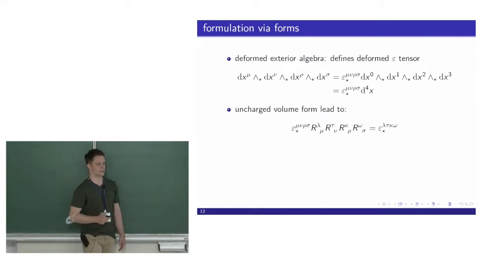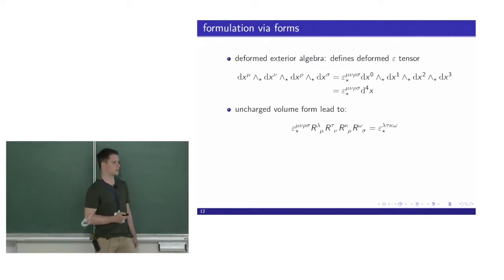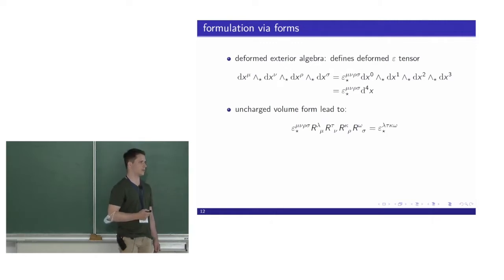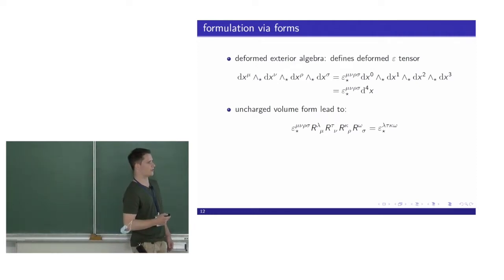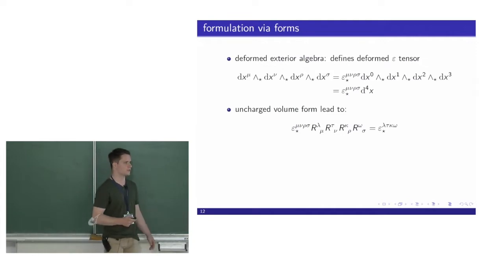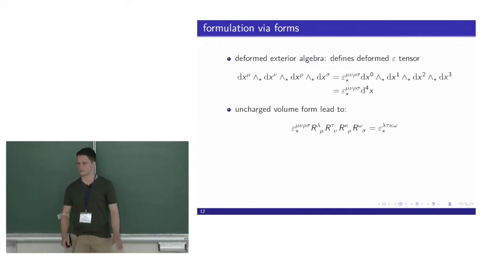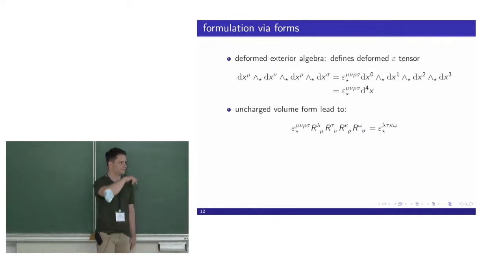But this volume form is uncharged under Lorentz transformations. And since our twist is made out of Lorentz transformations, this is not seen by the twist. So it commutes with every object, and we can just move a function over this volume form without changing anything. This then leads to this equation here, which means that whenever we have 4 such R matrices contracted with this generalized epsilon tensor, this reduces to this starred epsilon tensor. And this is due to the unchargedness of this volume form.